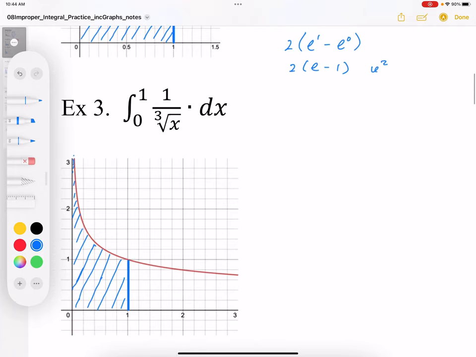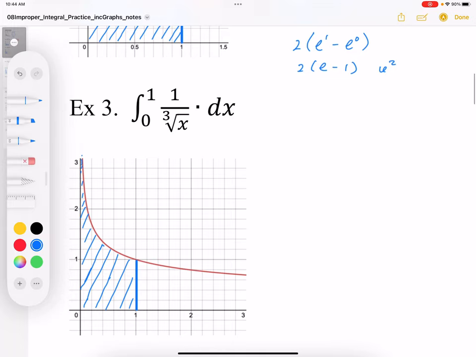So here we have the integral from 0 to 1 of 1 over cube root of x. Again, we need to recognize that we have a vertical asymptote involved here, and we are integrating to that vertical asymptote. So this is an improper integral, so we need to use a limit to do this formally. So I'm going to set this up as a limit. So the limit, and I'm going to use the variable a, as a approaches the left bound.